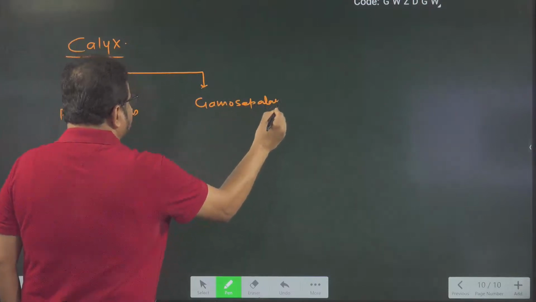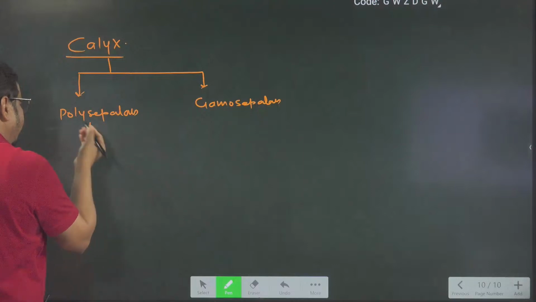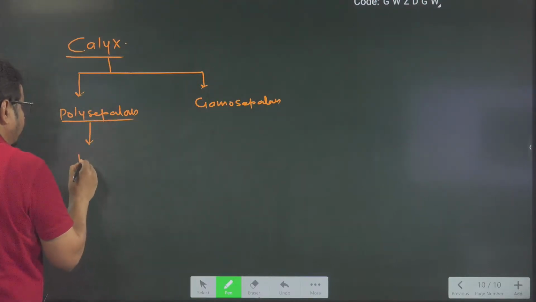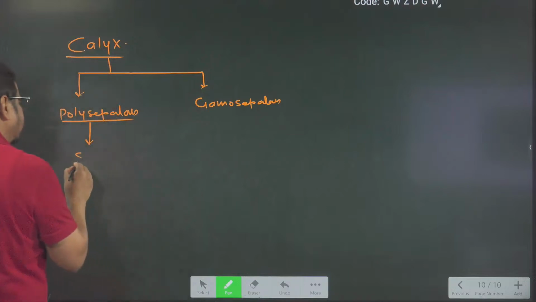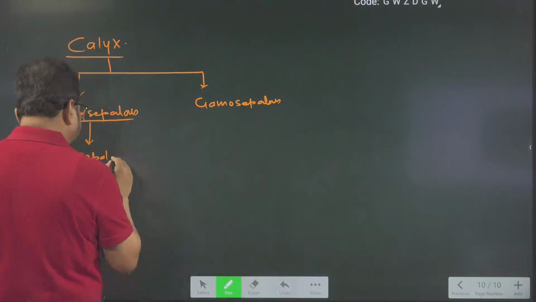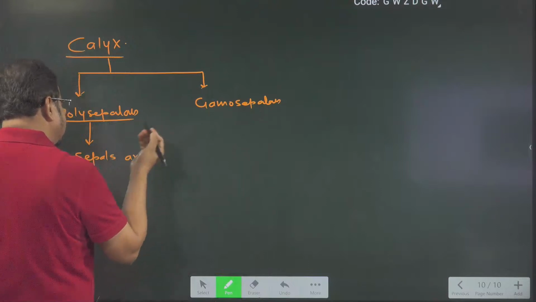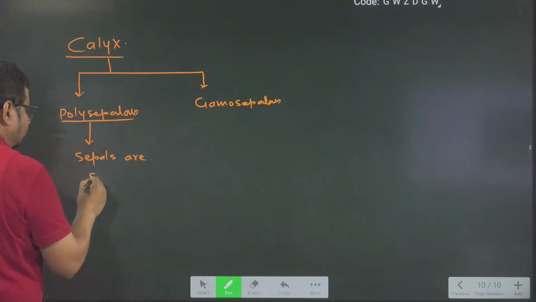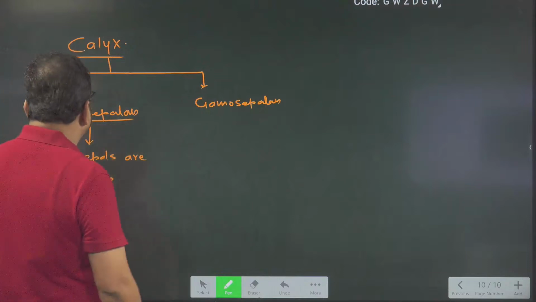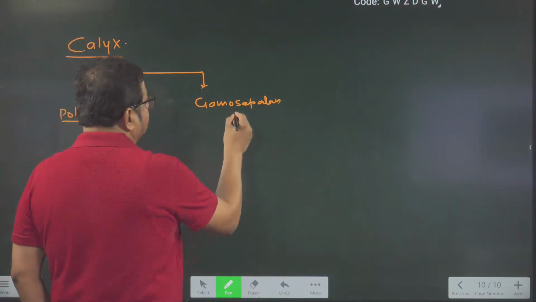So the polysepalous condition we are finding: sepals are free. More than one sepal is there and all are free. They are not fused. They are separate from each other. That is called polysepalous condition.